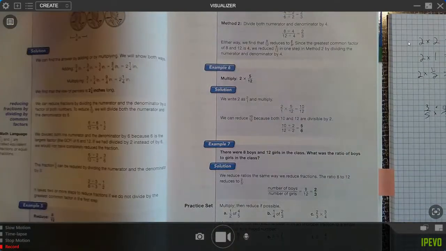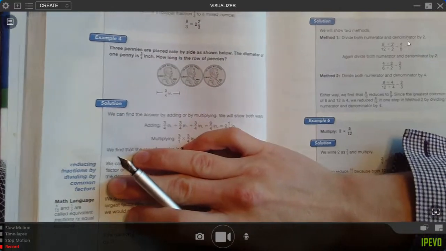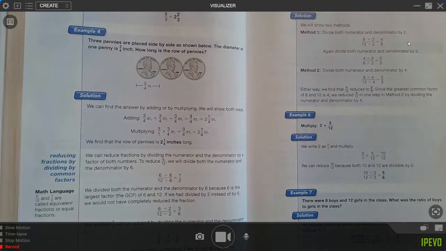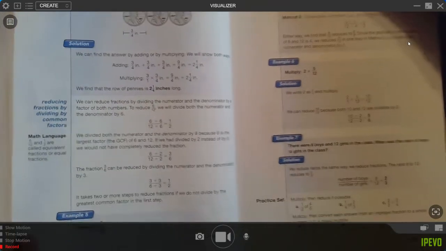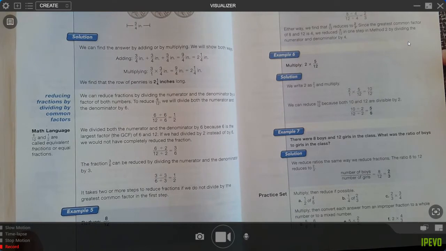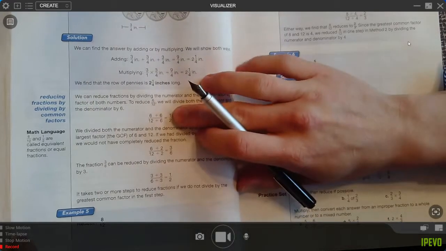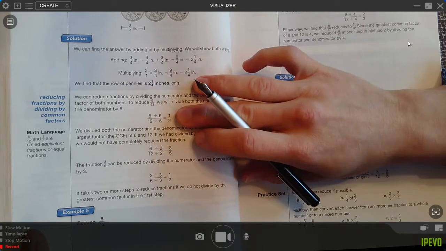Now, when we go to reducing by the common factors over here, I'm going to move this up a little bit. For this, we do have to find the common factor, and that's the harder thing.